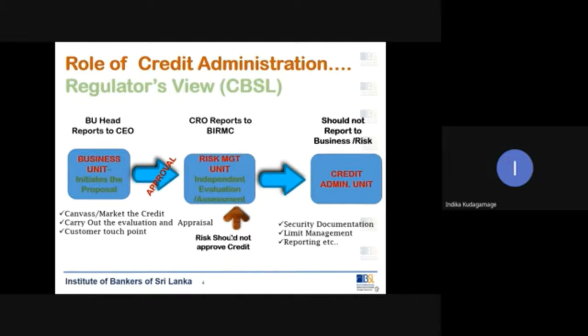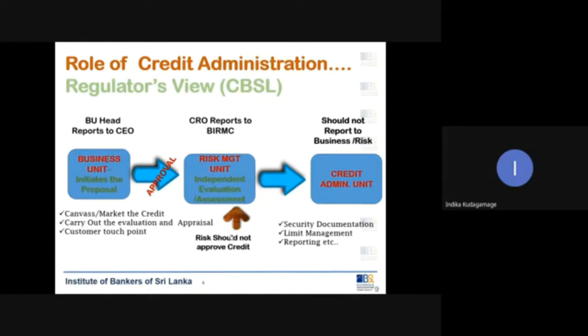So both of them want segregation of duties. They say no single transaction should be completed by people who are reporting to a single head. This is the guiding principle. No single transaction should be completed by people who are reporting to a single head.